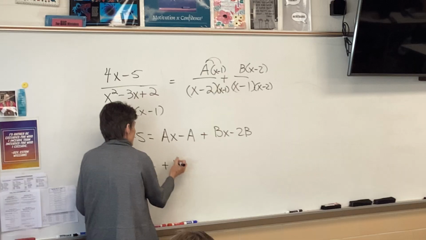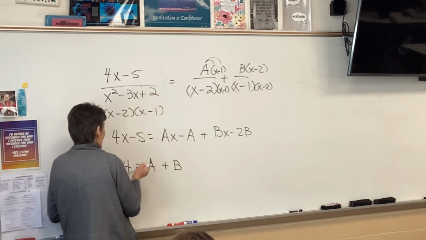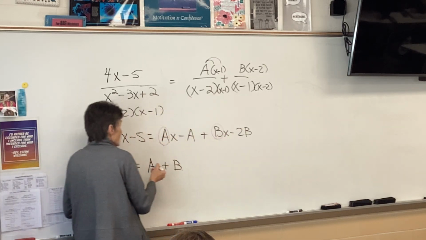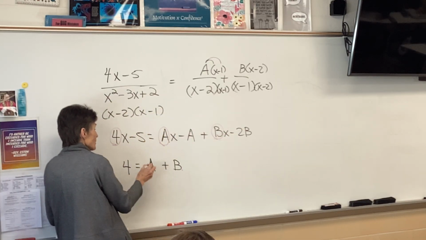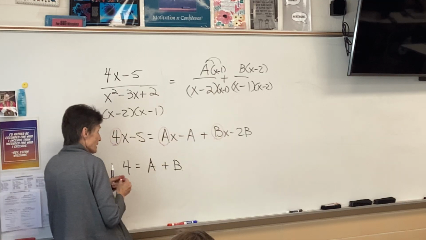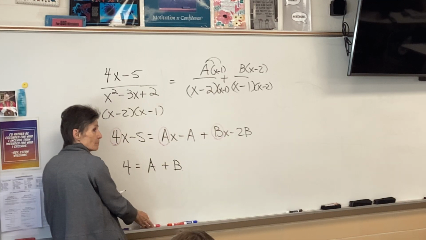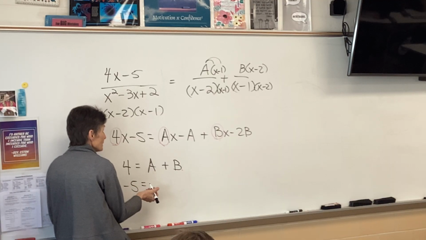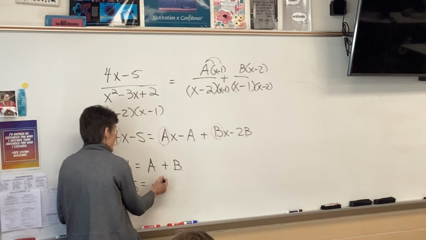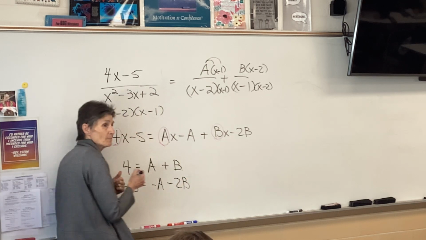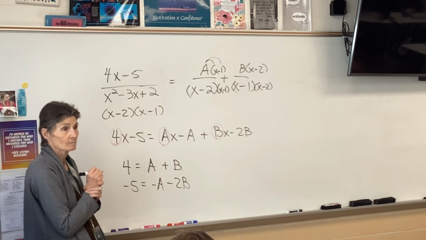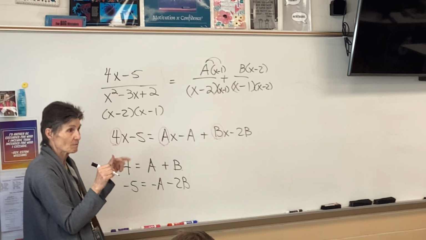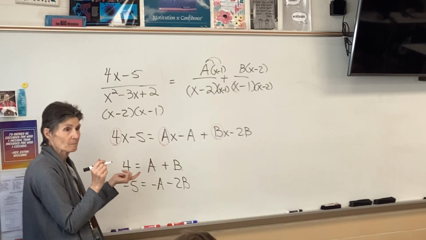All of the x terms, everything with an x on the left equals everything with an x on the right. And similarly, -5 equals negative a minus 2b. Does everybody see where all that's coming from?